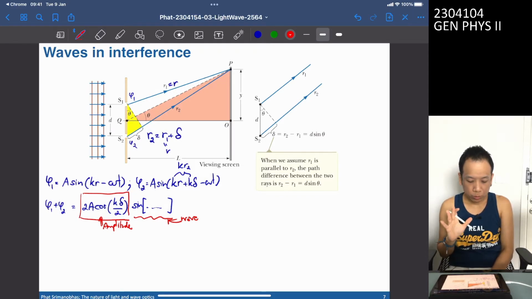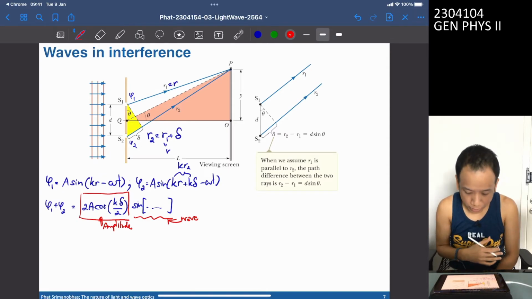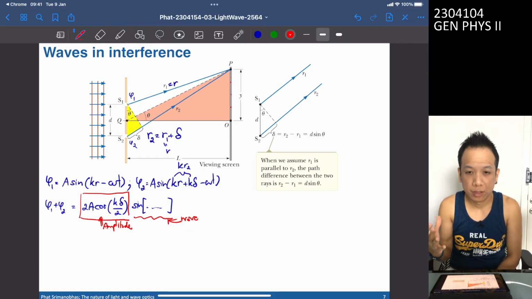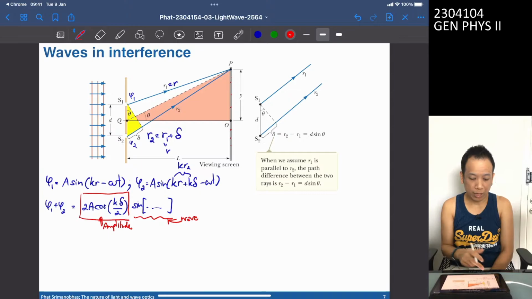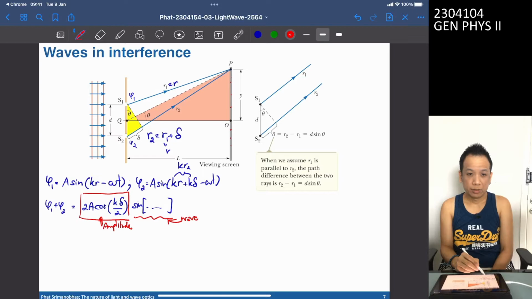We don't need to talk about the wave, we can just look at the amplitude. What we would like to do is understand the points where we're going to have bright light or dark. When we talk about dark, it means the intensity becomes 0. So what really controls things is the cosine.